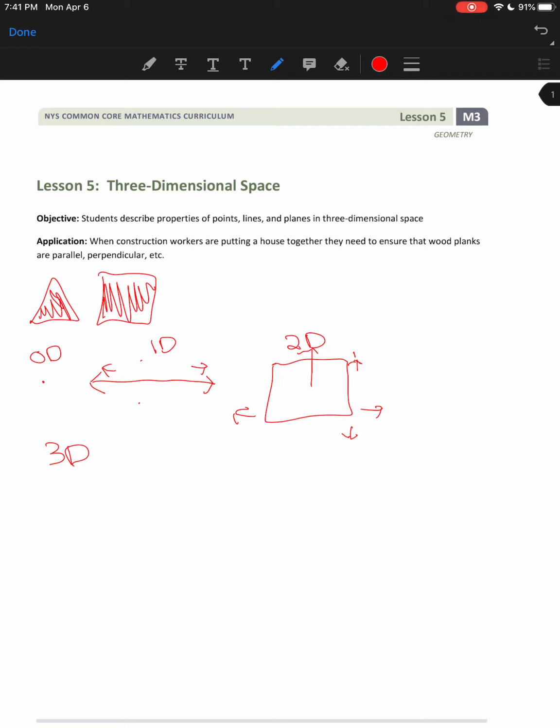Another example is something called a plane. You could imagine a plane almost like a piece of paper. So, when you draw it, it looks something like this. Whoops. That's a little sloppy. Let me try again. So a plane, you have to imagine, it's like a piece of paper.